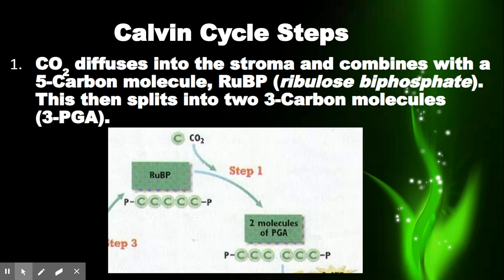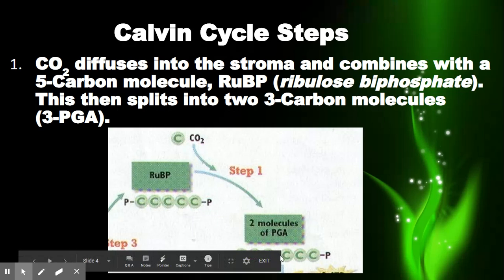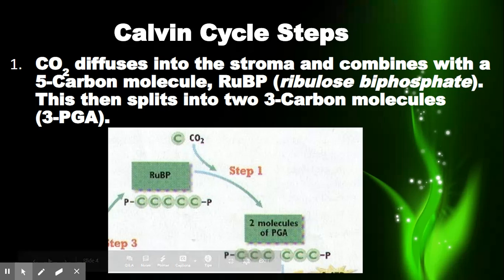This is called RuBP. So that single carbon combines with the 5-carbon molecule to make a 6-carbon molecule, and then it splits into 2 3-carbon molecules, which are called PGA.